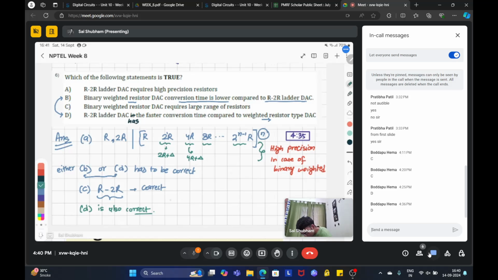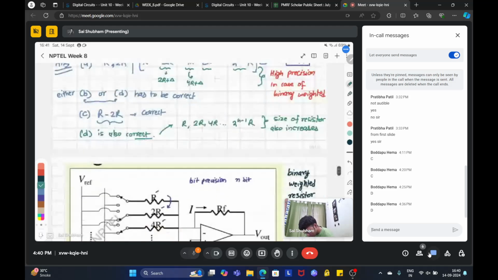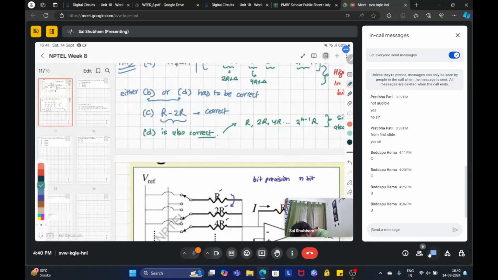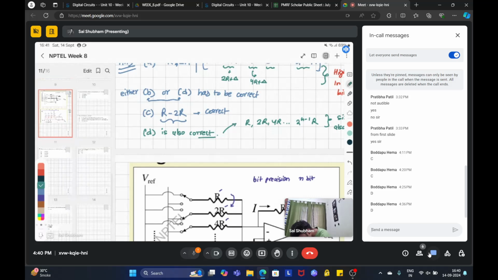The reason is that if you go from R to 2R, 4R, all the way up to 2 power n minus 1 R, as the resistance increases, the size of the resistor also increases.